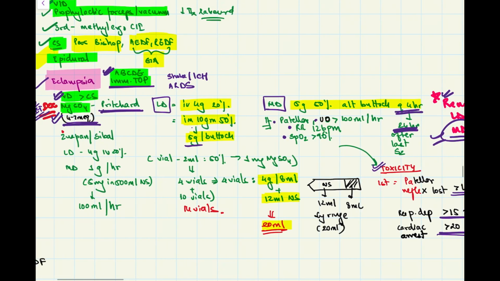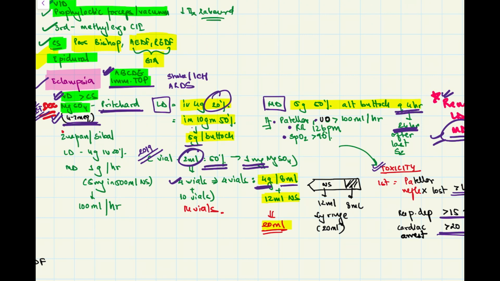This was also a question that was asked, that how will you administer magnesium sulfate, right? So a vial of magnesium sulfate is 2 ml. It contains 50% of magnesium sulfate, that is 1 milligram of magnesium sulfate, right? So 4 vials will contain 4 gram magnesium sulfate in 8 ml, right? Now we have to make the concentration to 20%.